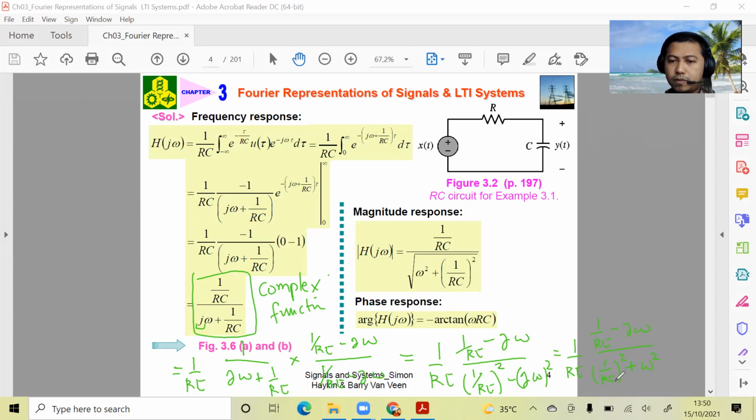Is that correct? Because j squared becomes -1, and minus times -1 becomes positive, something like this.